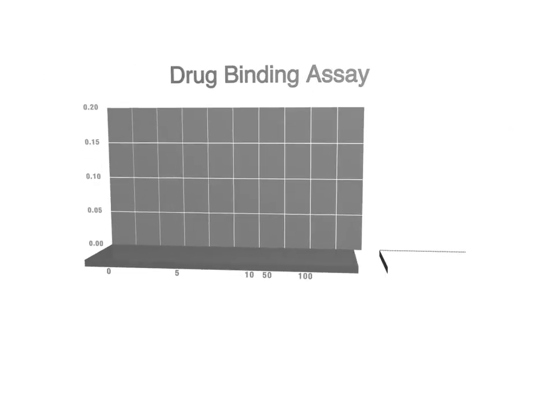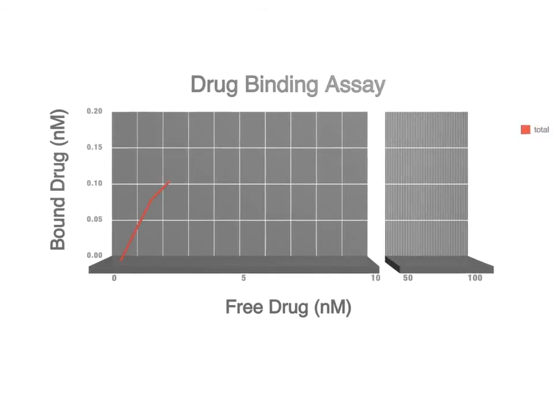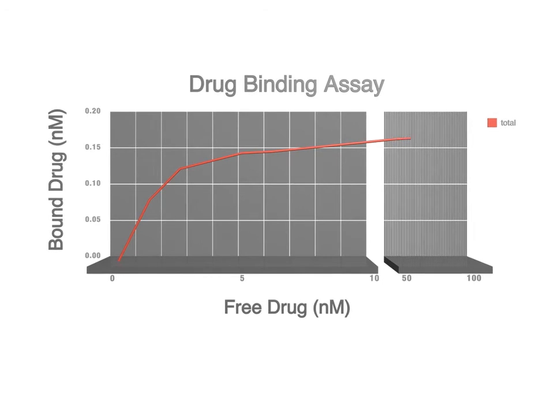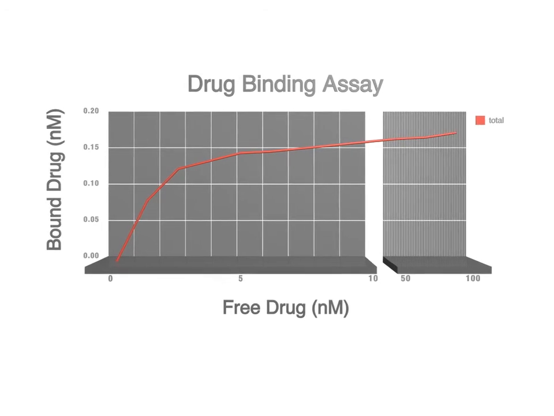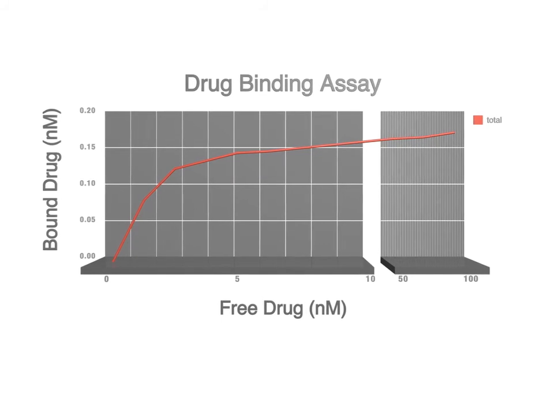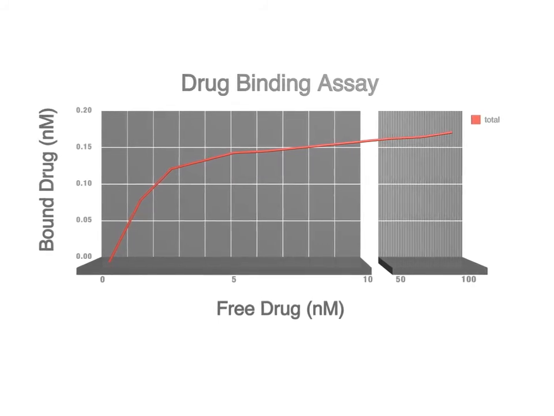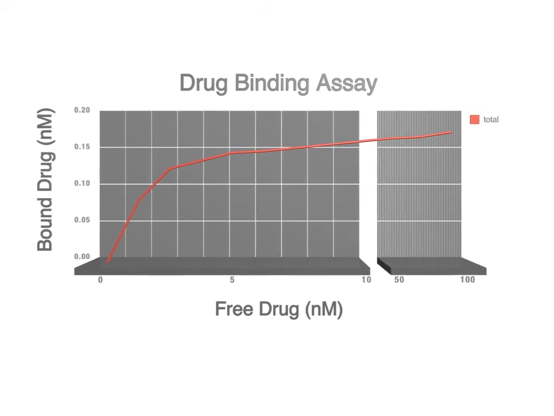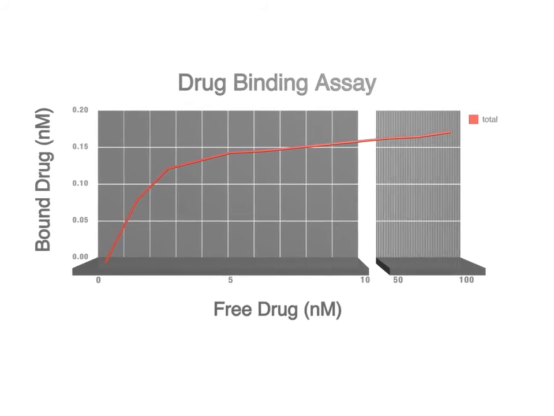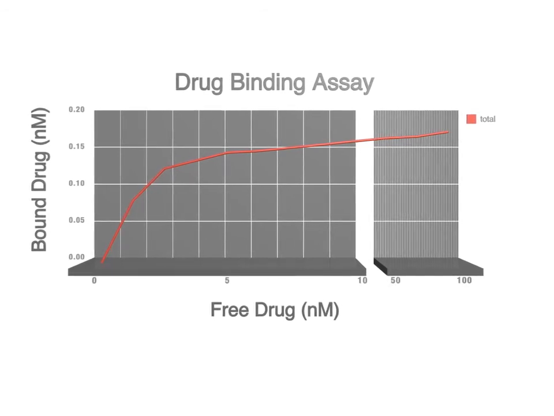Examining this curve shows that, as expected, increasing concentrations of free drug result in increasing amounts of drug binding to the tissue. However, we know that there are a relatively small number of receptors on the tissues, but the binding of the drug continues to increase as we increase drug concentrations well beyond where we would expect these receptors to have been saturated.